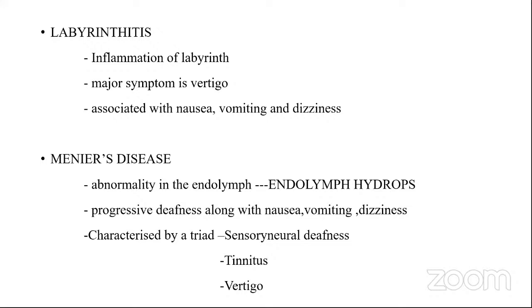Meniere's disease, abnormality of endolymph, caused by endolymph hydrops. Progressive deafness along with nausea, vomiting, dizziness. Characterized by a triad of sensorineural deafness, tinnitus, and vertigo.